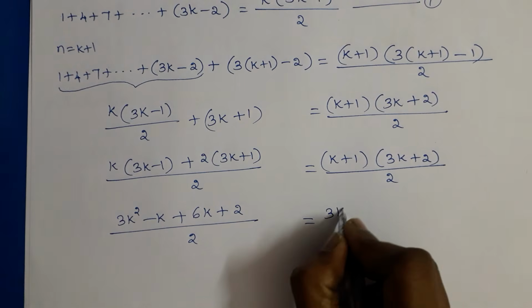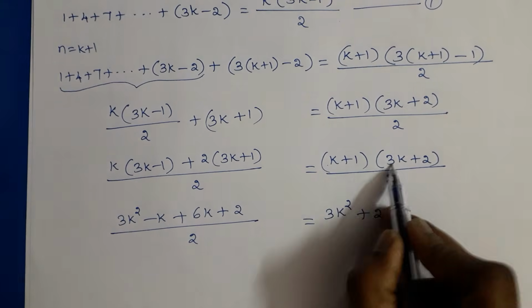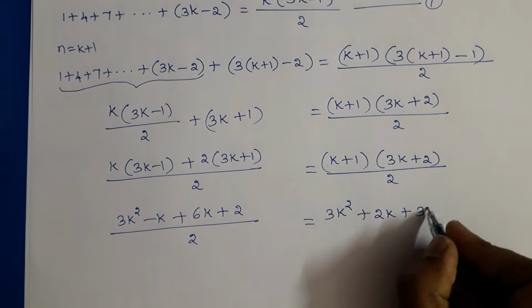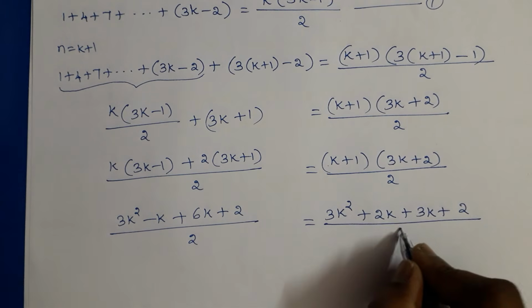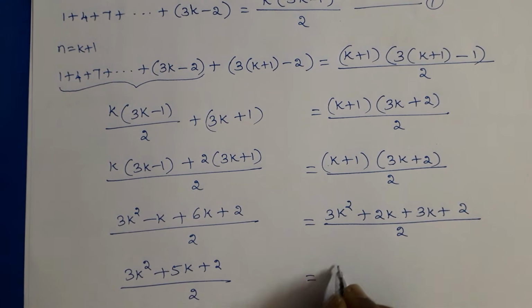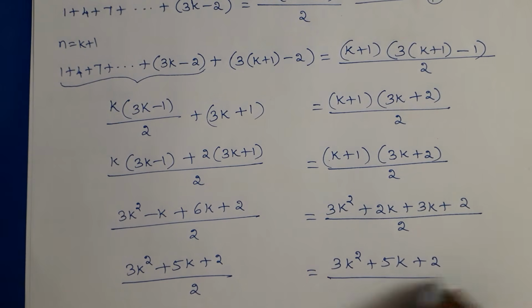We get 3k square plus 2k plus 3k plus 2, divided by 2. So 3k square plus 5k plus 2 divided by 2 is equal to 3k square plus 5k plus 2 divided by 2.